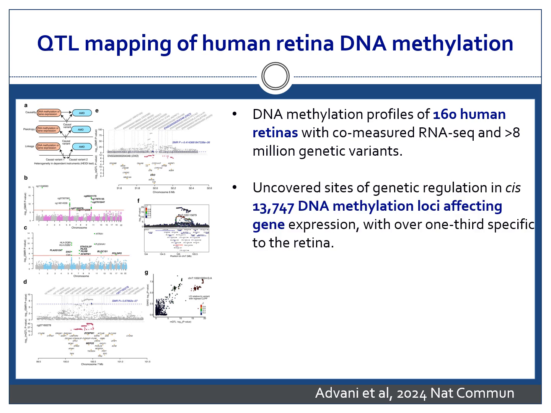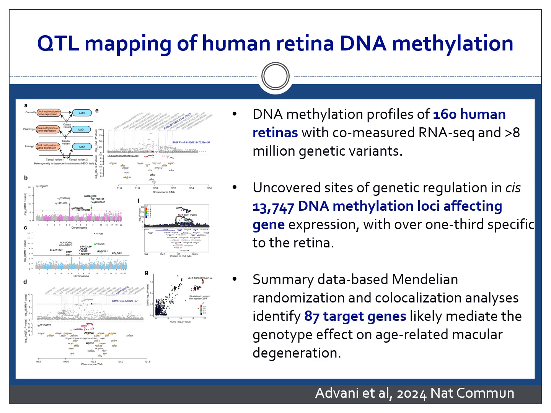It uncovered sites of genetic regulation in cis: 13,747 DNA methylation loci affecting gene expression, with over 1/3 specific to the retina. Finally, summary-data-based Mendelian randomization and the co-localization analysis identified 87 target genes likely to mediate the genotype effect on AMD.